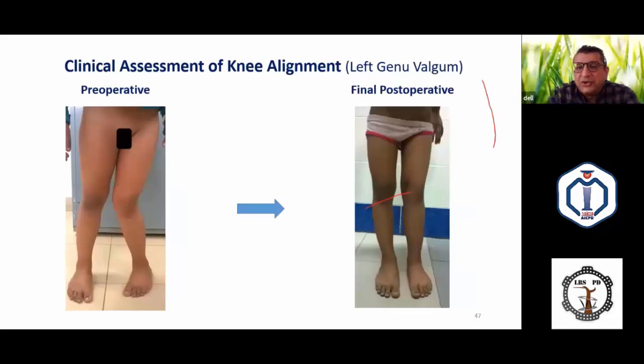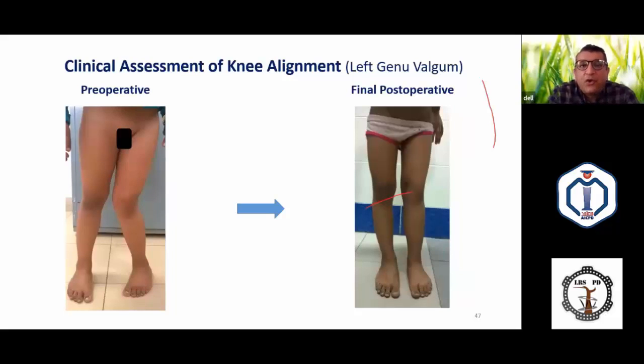Another case with unilateral genu valgum, and this is the final post-operative. It's very important to follow up patients. Most of the x-rays and clinical photos we are presenting here are from the final follow-up. When you remove the implants and you are satisfied with the alignment, that's not the end of the story.